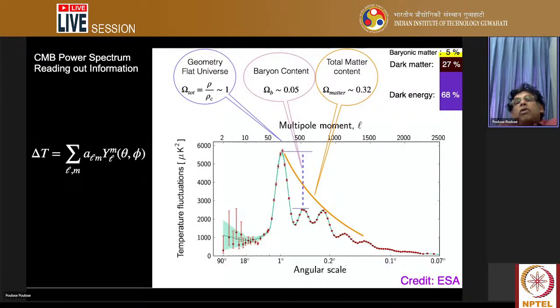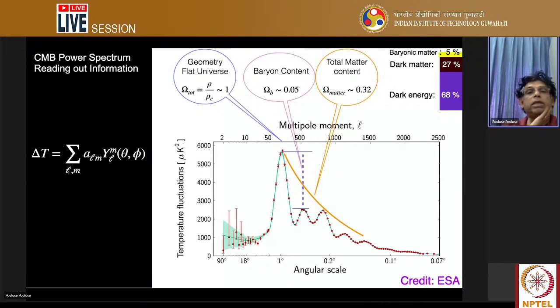And out of this gravitating matter, 5% is what makes the baryon content, the usual matter, making all the stars, galaxies, and everything that we have been observing. And the rest of it, which is 27%, is what we described earlier as dark matter. So all these things can be read out from this CMBR spectrum analysis.